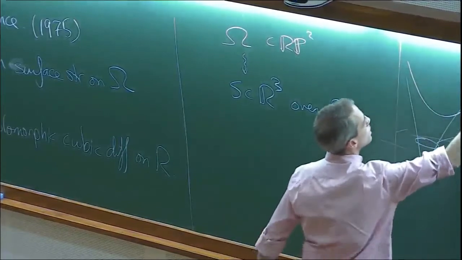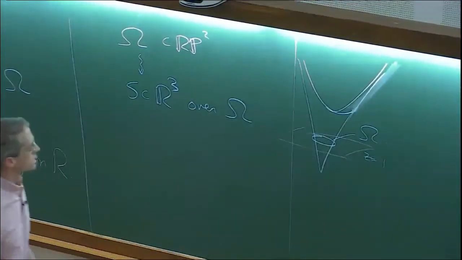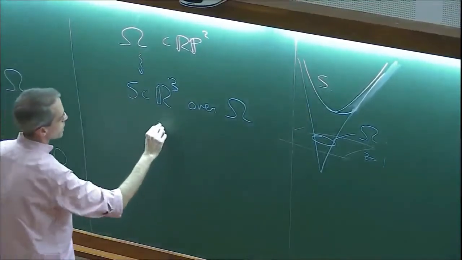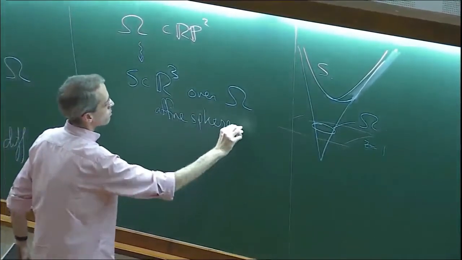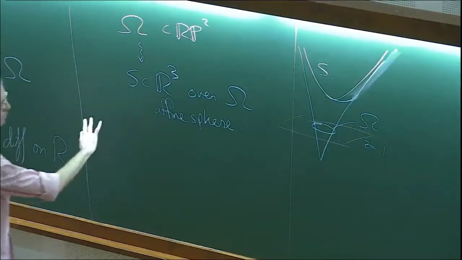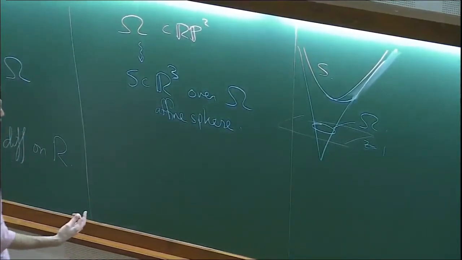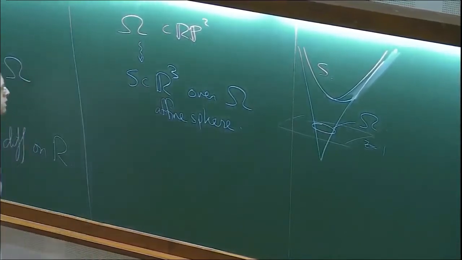And S is some surface in R3 that's asymptotic to the cone over omega. That's S. This is the surface that has a very special property. It's what's called an affine sphere. The definition of that is going to be more or less irrelevant, but later I'll give you some differential equation that will end up being equivalent to the objects that we study defining an affine sphere.